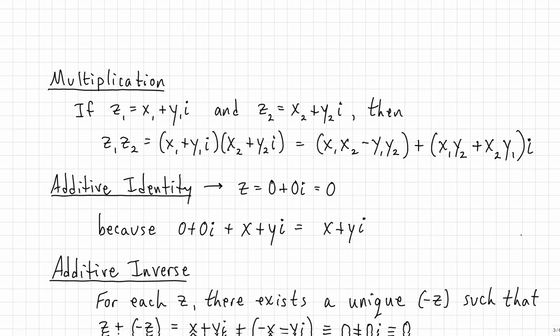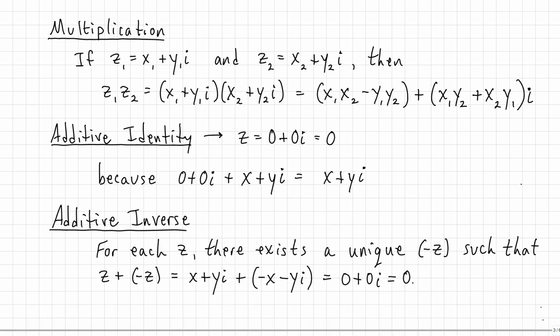Well, how about multiplication? So again, let's define a z1 and a z2. So z1 is x1 plus y1 i, and z2 is x2 plus y2 i. Then if you want to multiply them, we're simply going to distribute. Although it's not really called distributing yet because we don't have that property. However, when you look at it, that's more or less what's happening. So if you want to take z1 times z2, we define multiplication as this.